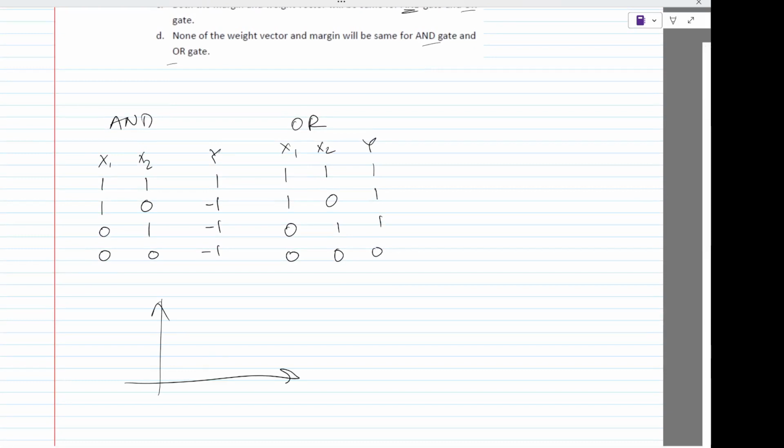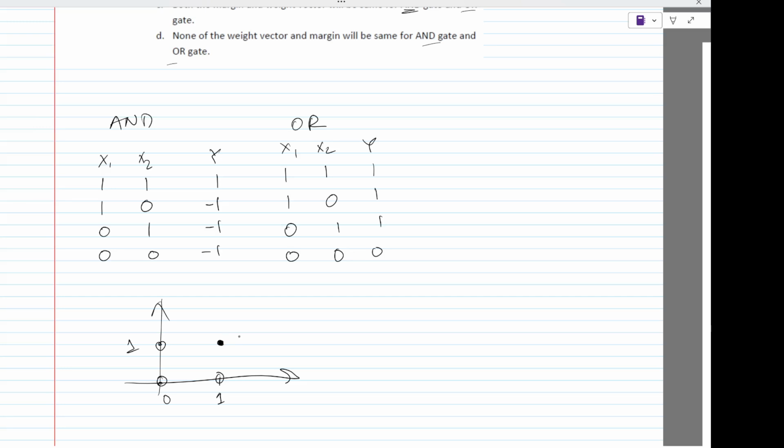In both the cases, we are having these 4 points. If we consider the first case, then we have 0, 0, 1 comma 0, 0 comma 1, and 1 comma 1.